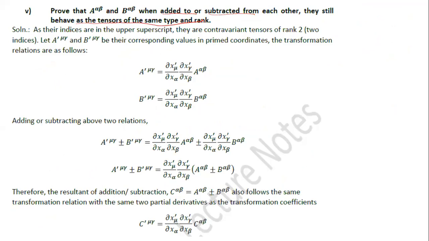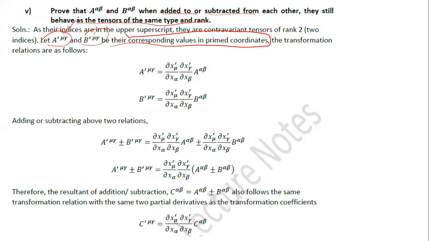Now, in order to know whether they still maintain the contravariant tensor of rank 2 property, we have to see the transformation relations. So in order to see the transformation relations, we define the corresponding values in prime coordinates as A prime mu gamma, the two contravariant indices B prime mu gamma.